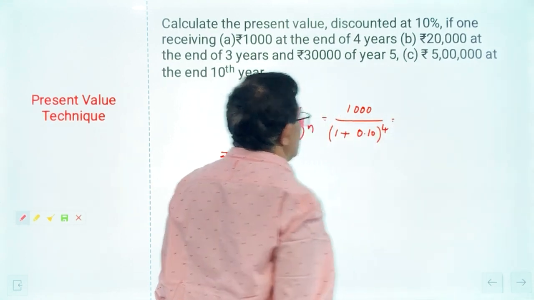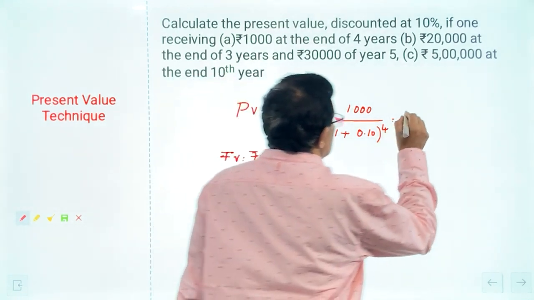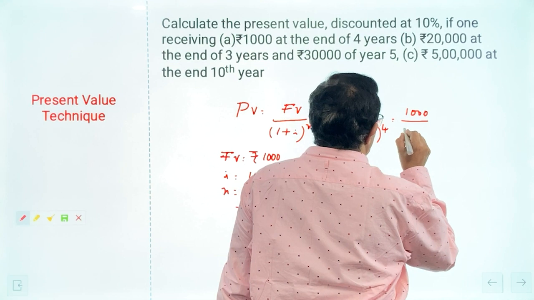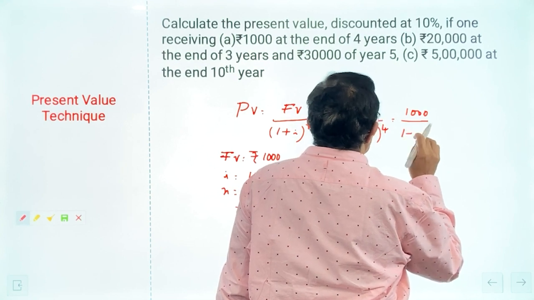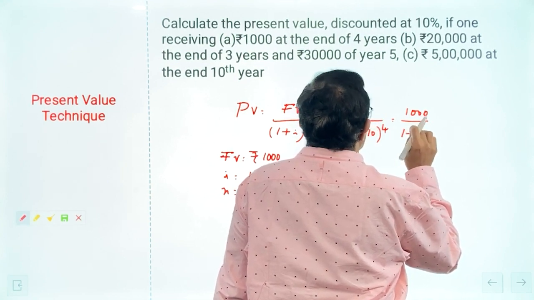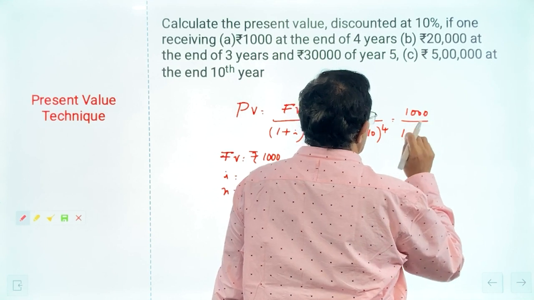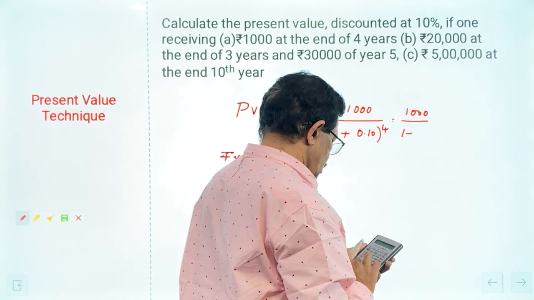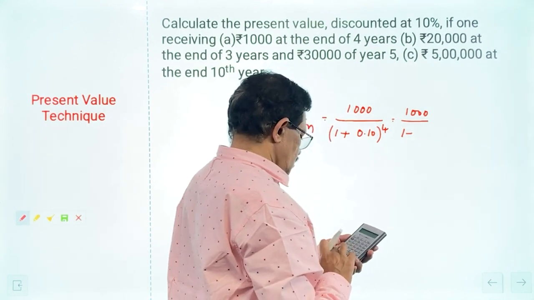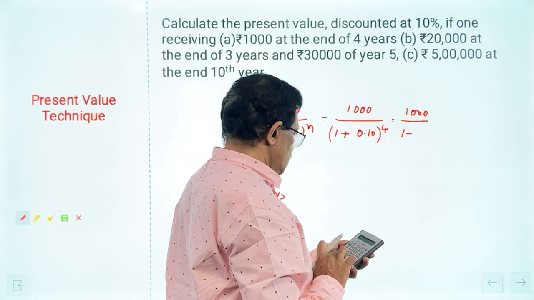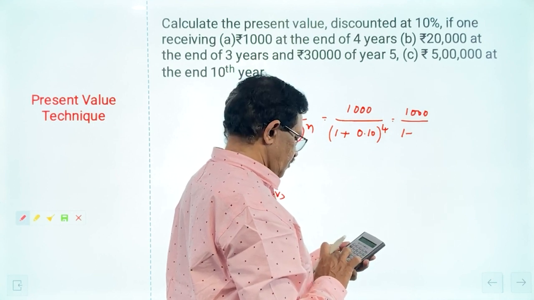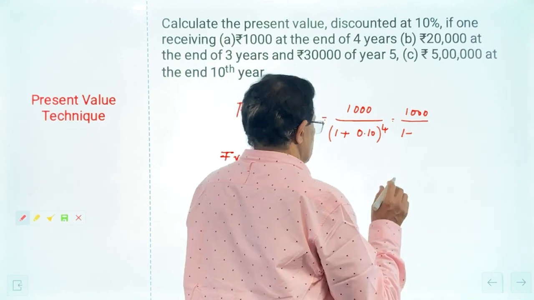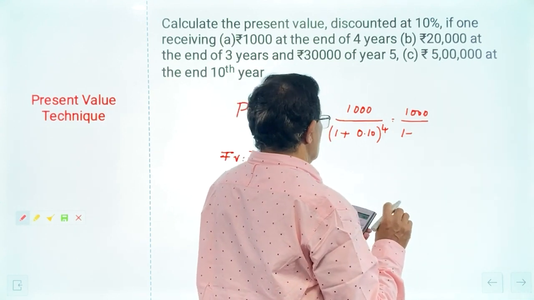Let us understand how much it is. 1000 divided by 1.10 whole power of 4. Let us calculate that particular value directly and put it here. So 1.10 whole power of 4 is nothing but 1.46.